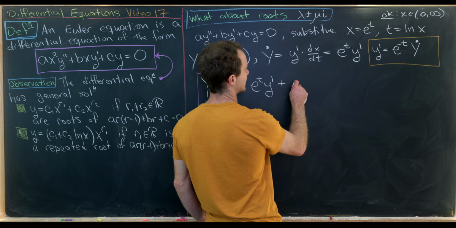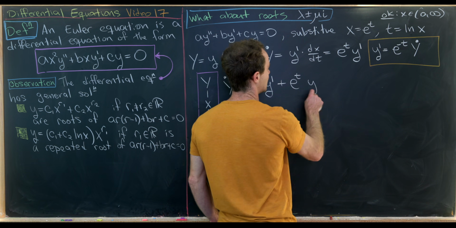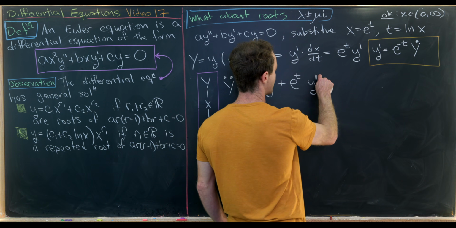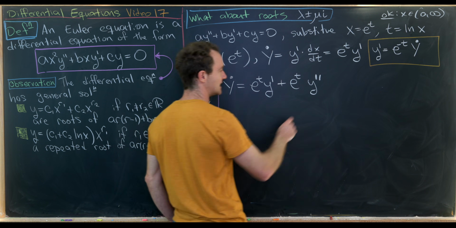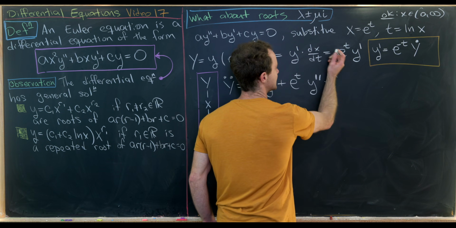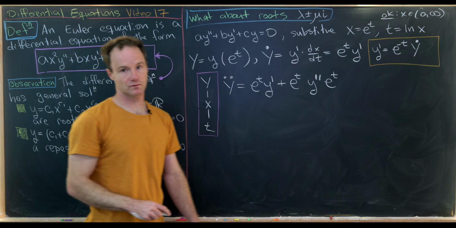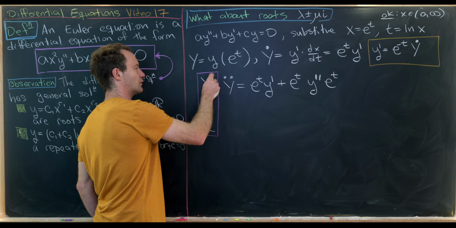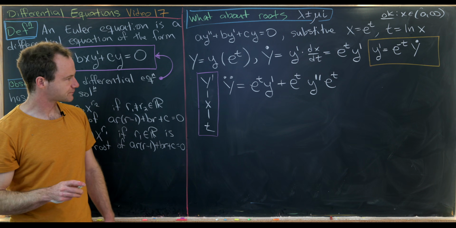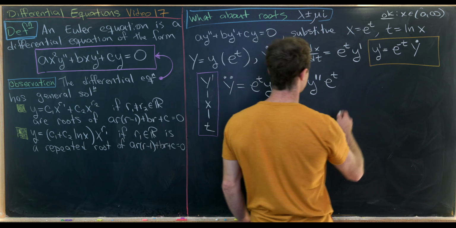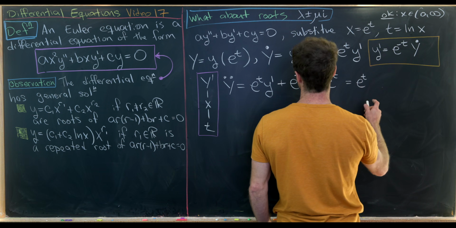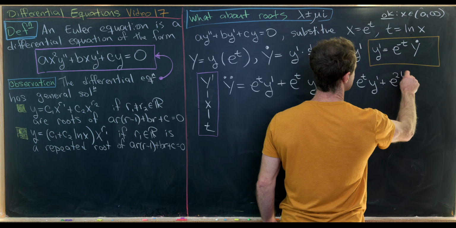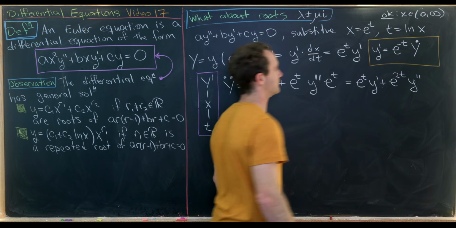So that's going to give us e to the t times y prime times the derivative of y prime with respect to t, which will give us y double prime times another e to the t because of the chain rule. So that's really by the same kind of dependence tree where we put a prime here, if you will. Okay, so now we can simplify this a little bit. This will be e to the t y prime plus e to the 2t y double prime.